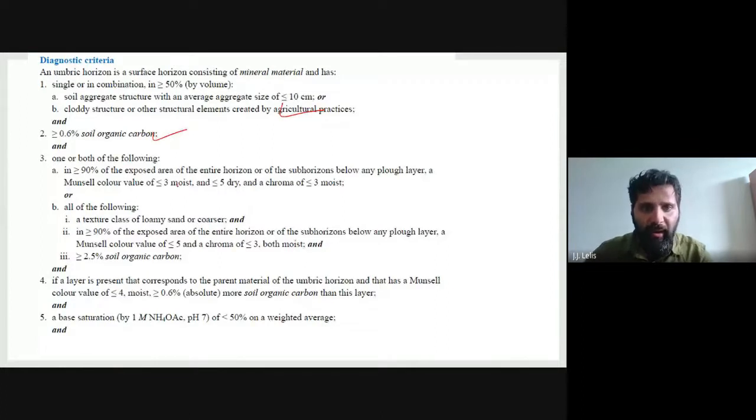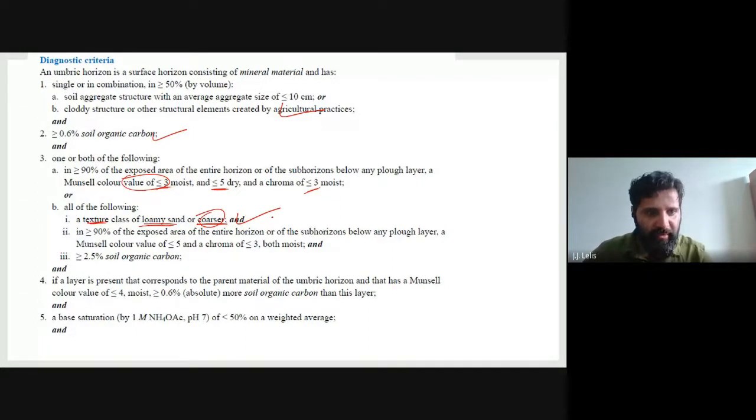We have dark colors in the material with low values and a low chroma. We have a dark color. We have a texture of loamy sand or coarser, and we have sandy clay loam, so it's coarser. So we follow this criteria too.